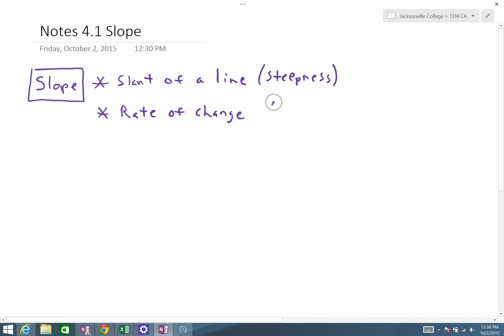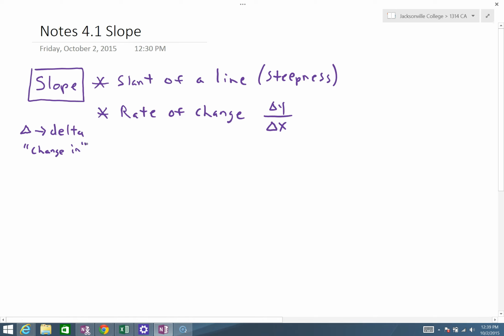It is the change in y divided by the change in x. And this little symbol right here, this triangle, it's the Greek letter capital delta, and in math, we consider it "change in."